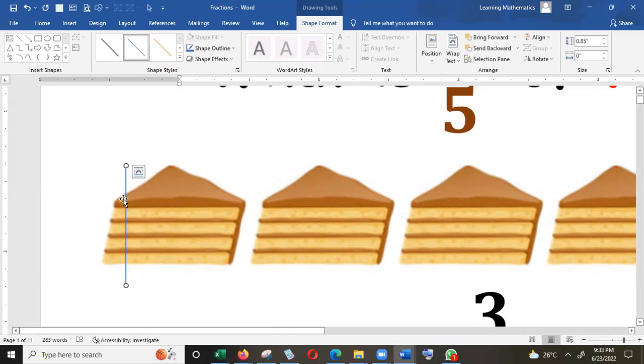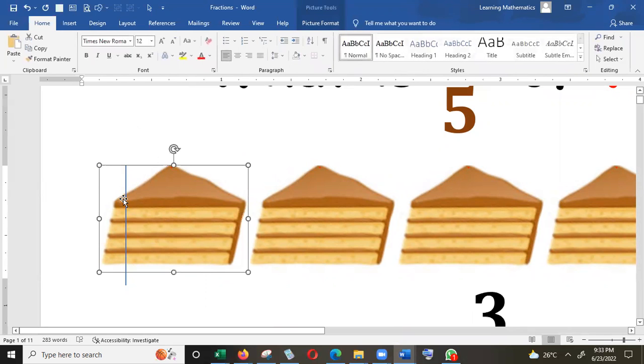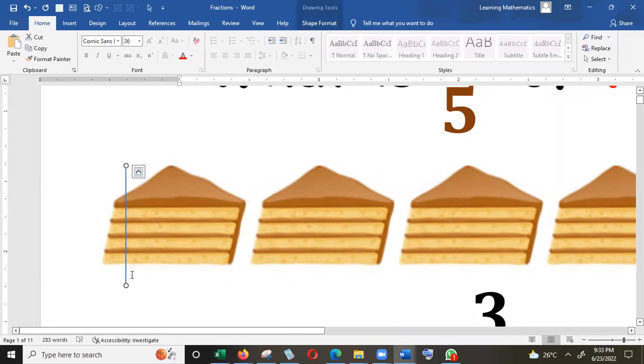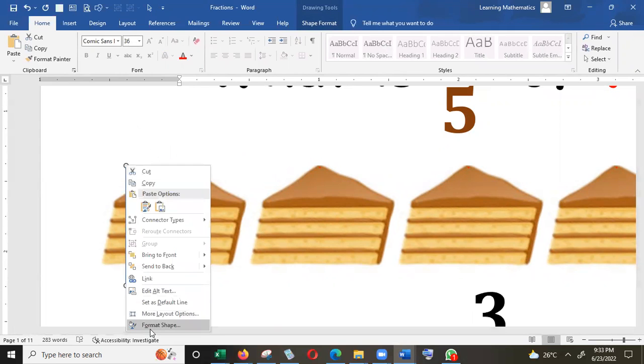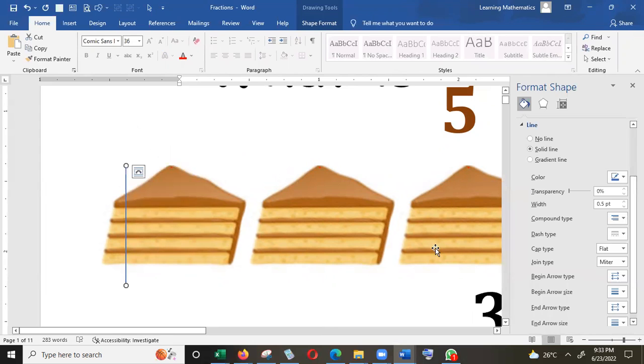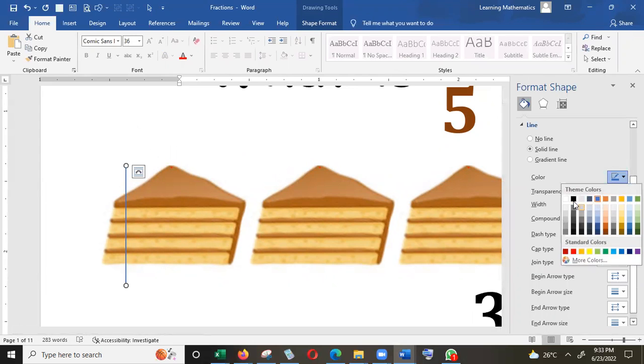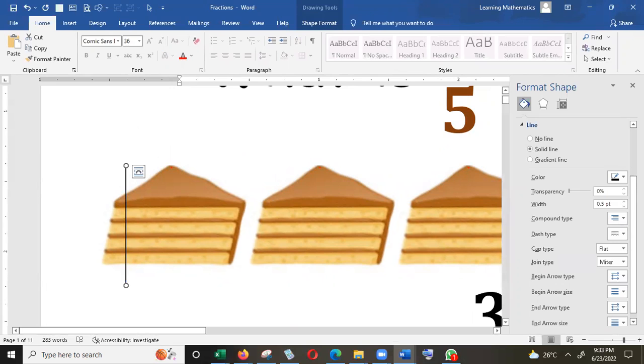So here we have a cake. Choose any one. Let's choose this one. And we're going to try to divide it into 5 equal portions and take only 1 out of that 5, to complete our problem.